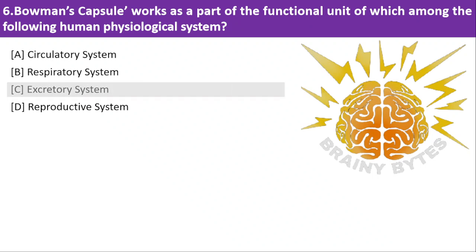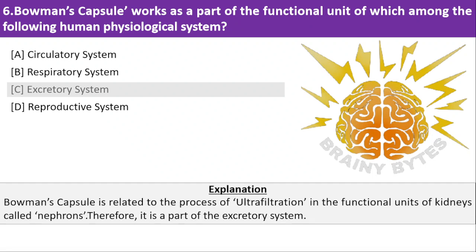Correct option is C. Excretory system. Bowman's capsule is related to the process of ultrafiltration in the functional units of kidneys called nephrons. Therefore, it is a part of the excretory system.